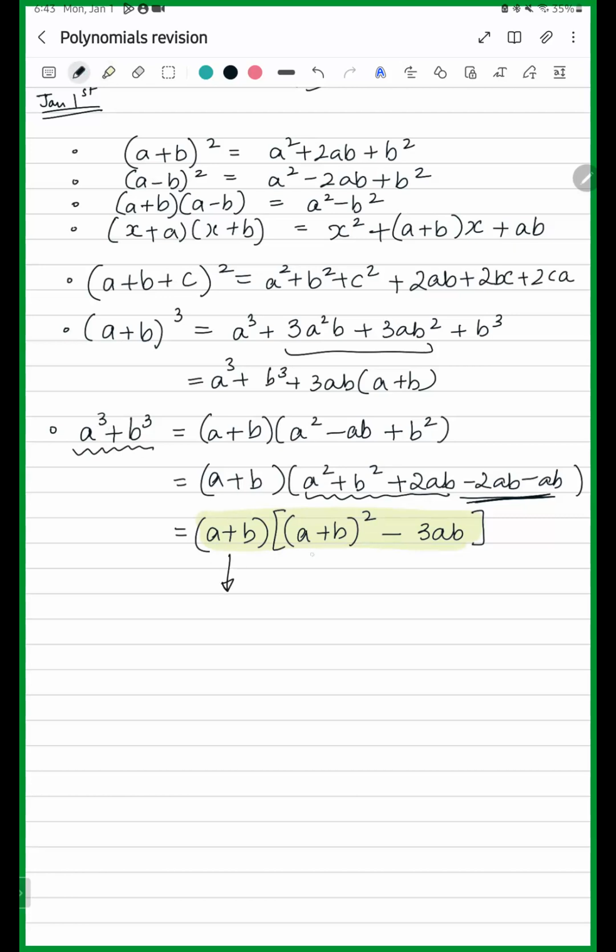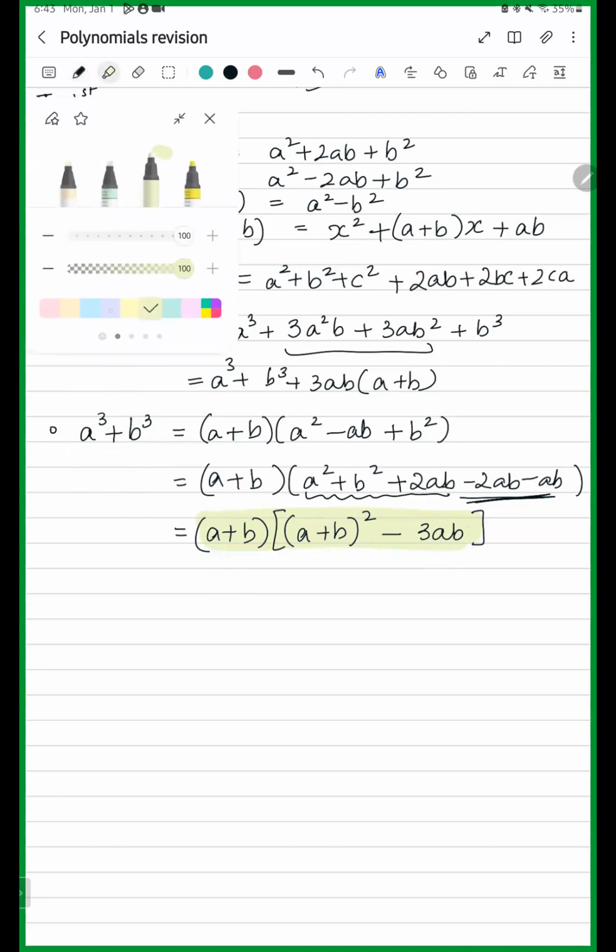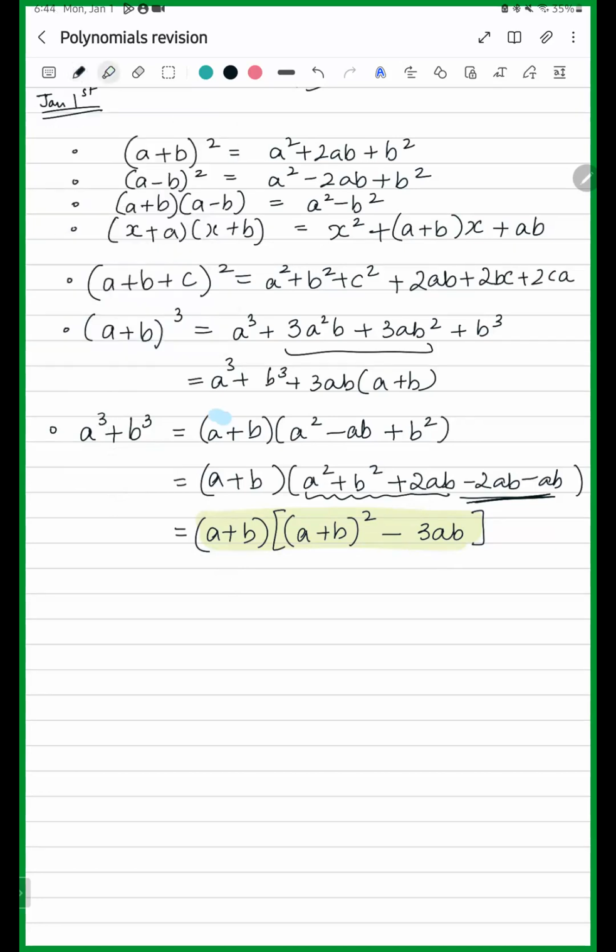So you can put the value of a plus b over here and over here also, and you will be given the value of a into b as well. Then from there you can find the value of a cube plus b cube. So this form is useful for such a situation. Otherwise, you have this form, the one that we had derived earlier.